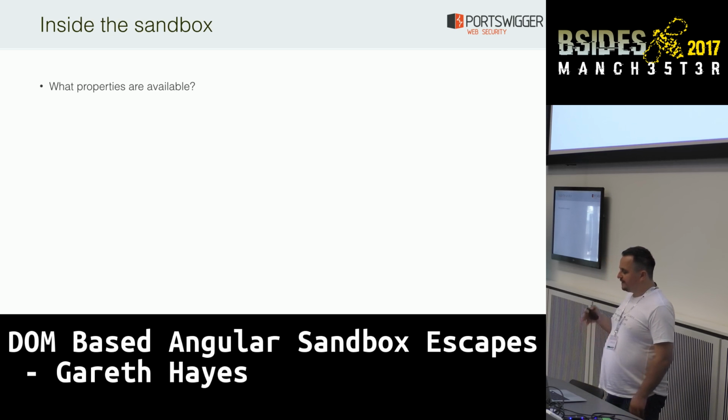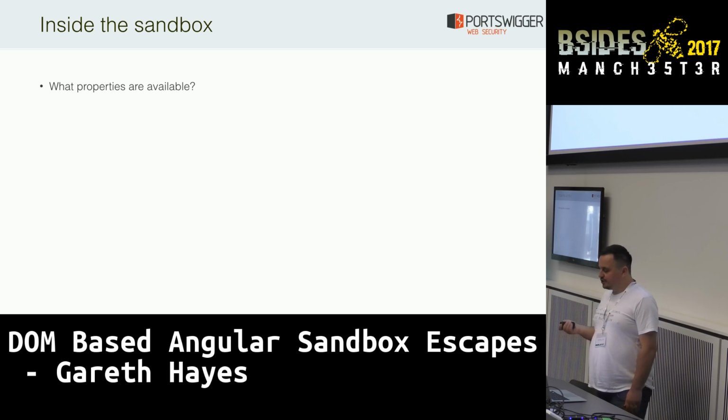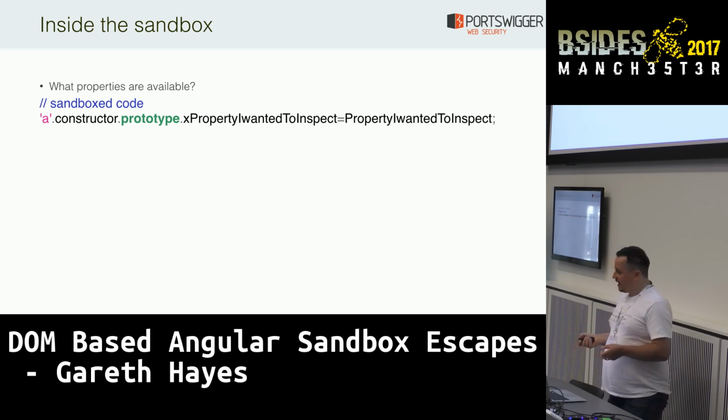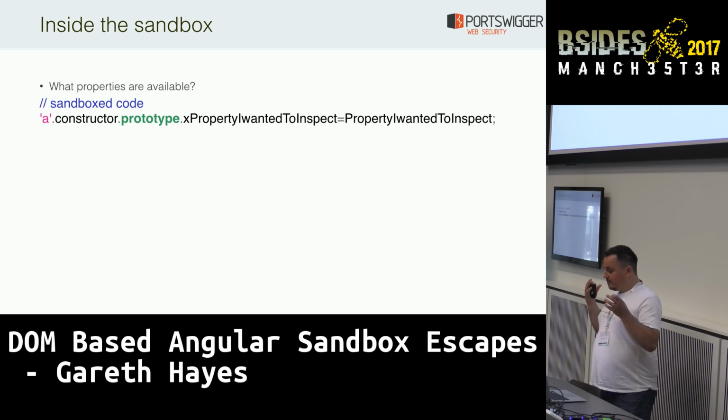So the first question I ask myself in this context is, what properties are available to me? In this sandboxed environment, why are these previously publicly known sandbox escapes not working in this context? So I extracted all the Angular source, got all the keywords out of the Angular source and JavaScript keywords, and then I went through every property and modified the string prototype and then prefixed it with an X, and passed it the property that I wanted to inspect and assigned it with the property that I wanted to inspect.